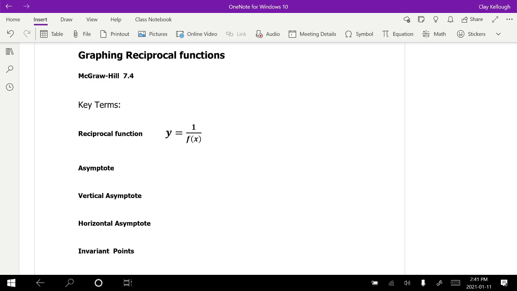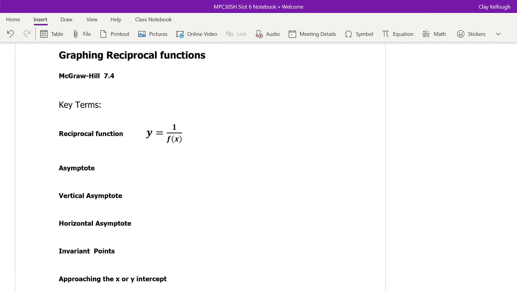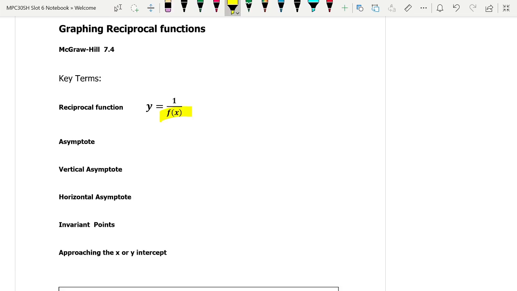Okay, so. You know what? I don't think I even need any words for key terms. Reciprocal function. That's it. A reciprocal function is you take a function and you divide it into one. That's what reciprocal means. A lot of you, I'm sure, think that reciprocal means just flip over fractions. And yeah, that's kind of true, but that's not really technically its definition. If you take the fraction 2/3 and you turn it into its reciprocal, you get 3/2.